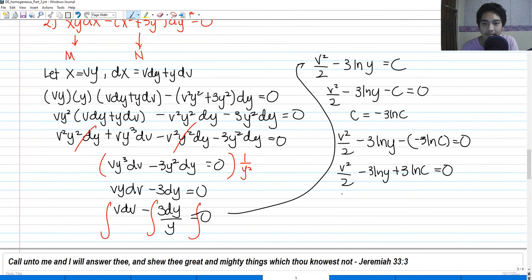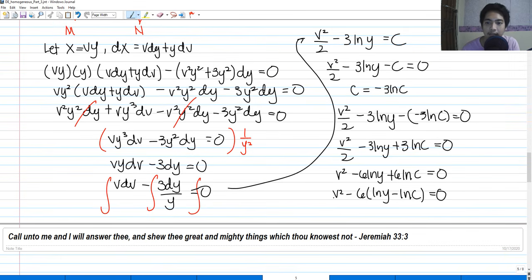And then multiply both sides of the equation by 2. So we have v squared minus 6 ln of y plus 6 ln of c equals 0. Now I could easily simplify this. I could have v squared, factor out negative 6 from them, and then I have ln of y minus ln of c equals 0.